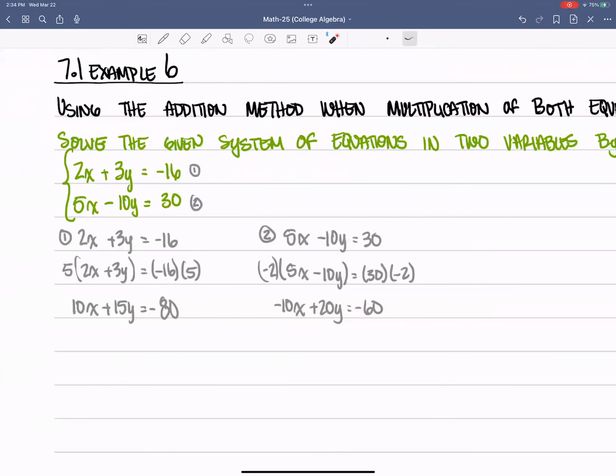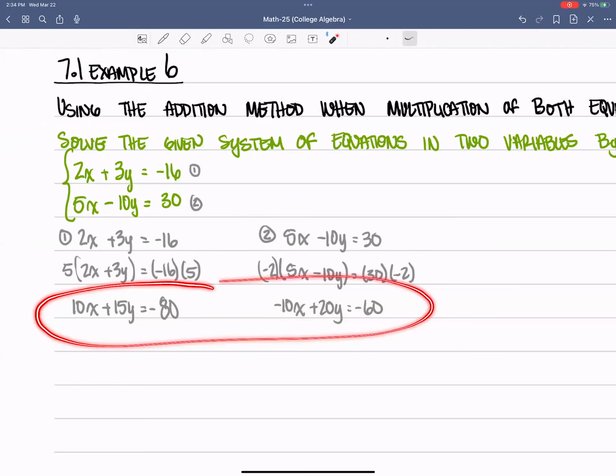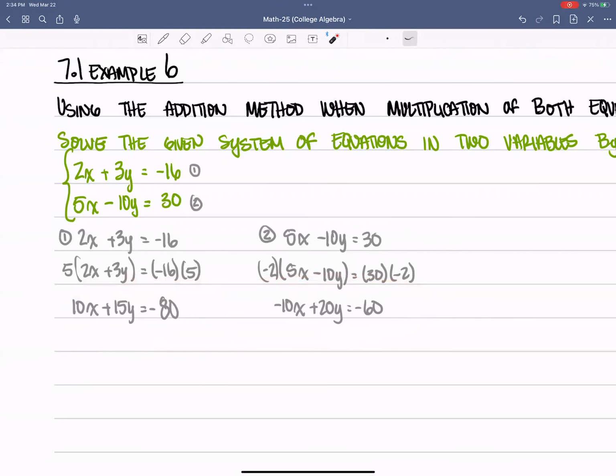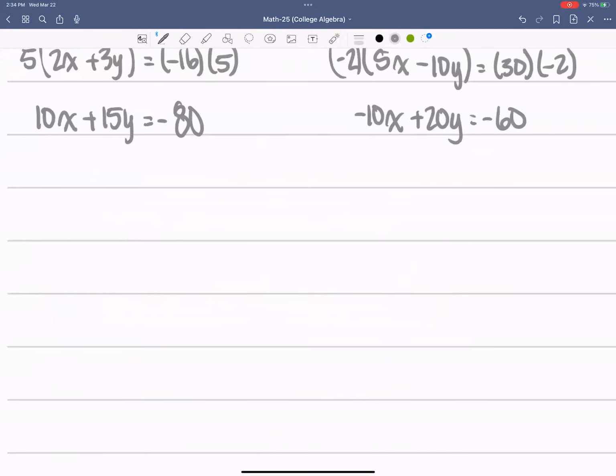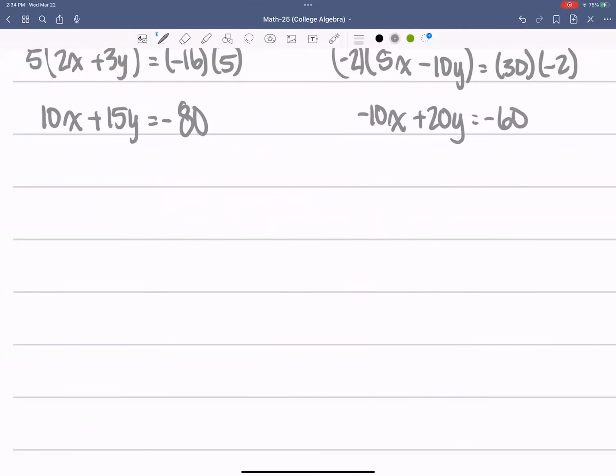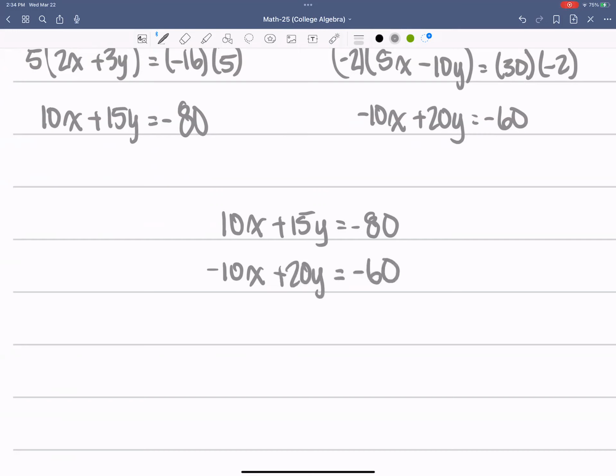Now we have these two equations that we could add together to eliminate the variable. So let's add those two together. Starting off with the left one, 10x plus 15y equals negative 80. And the right side, negative 10x plus 20y is equal to negative 60.